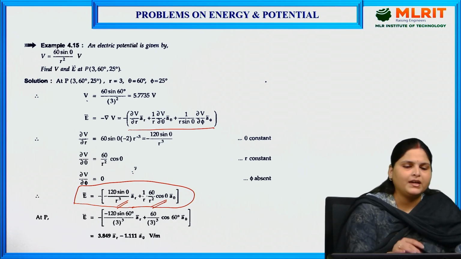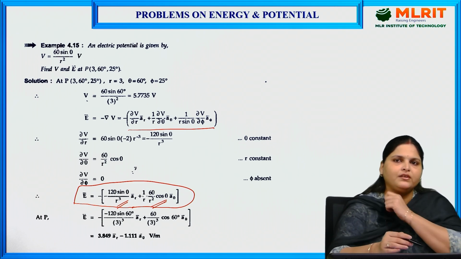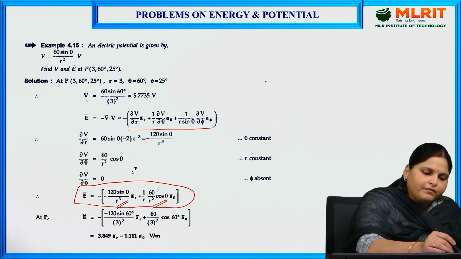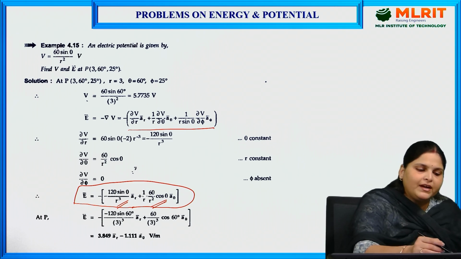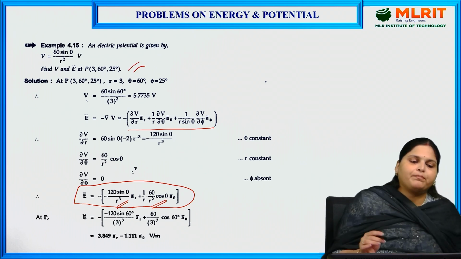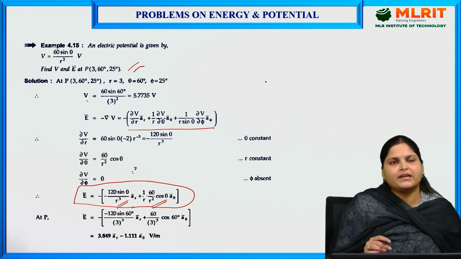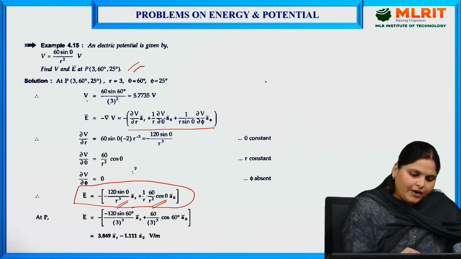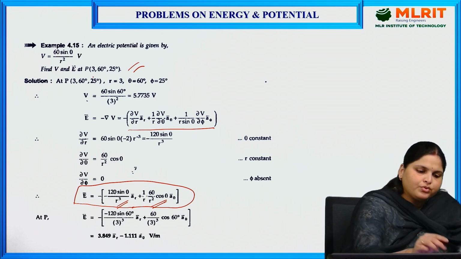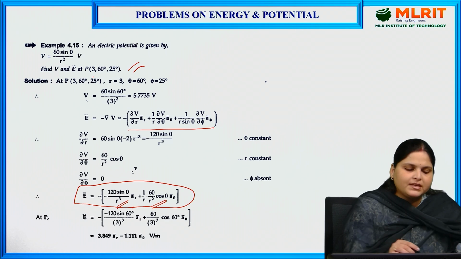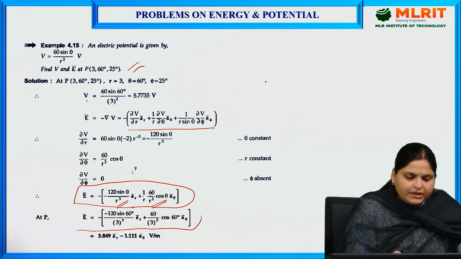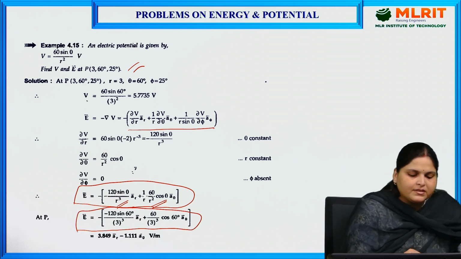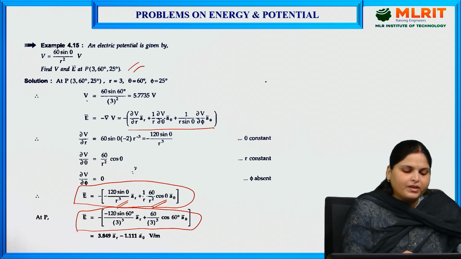Now, as asked in the question, we have to calculate V and E. We have to calculate E at point P whose coordinates are 3, 60 and 25, and after putting r equal to 3 and theta equal to 60 into this equation, we get minus 120 sine 60 by 3 cube AR plus 60 upon 3 cube cos 60 A theta.